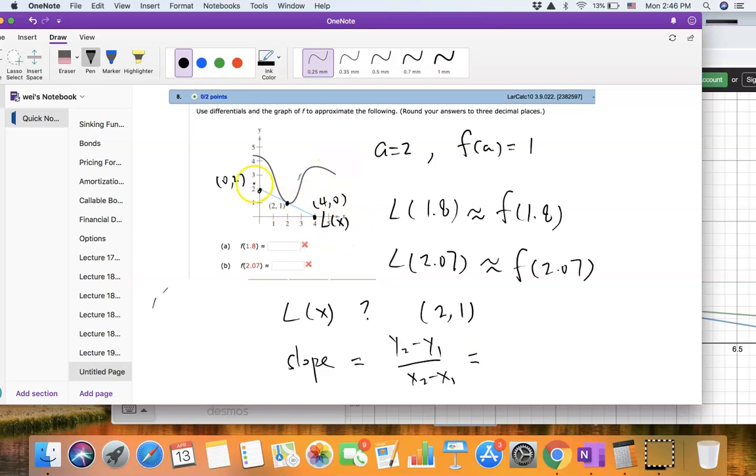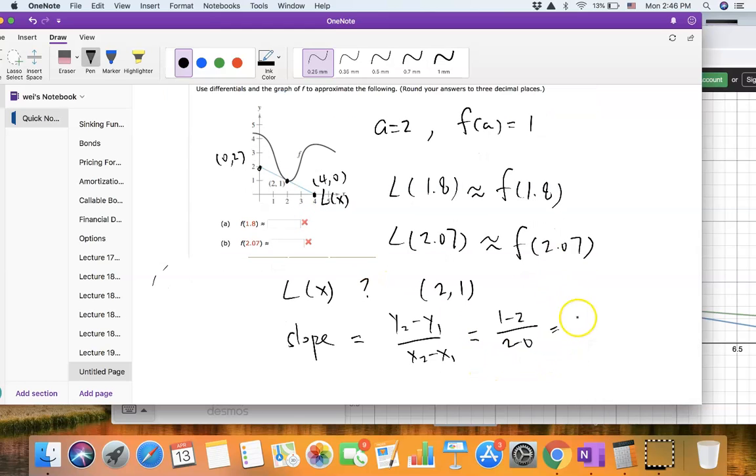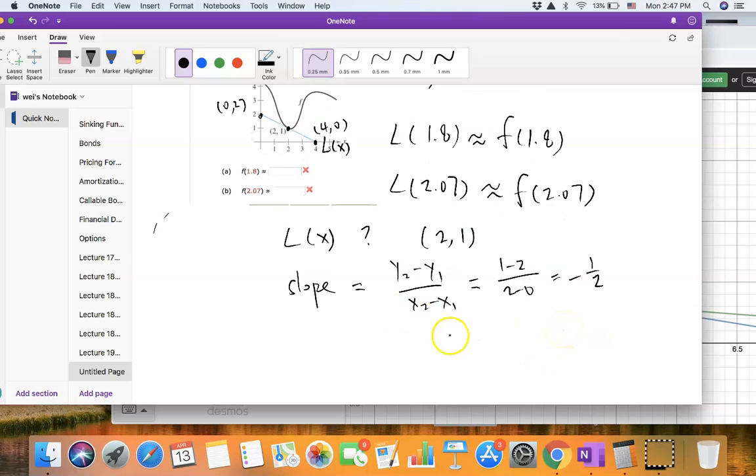Let's say I use these 2 points, (2, 1) and (0, 2), so the slope is 1 minus 2 over 2 minus 0, which is negative 1/2. Okay. So then we can determine the equation of L(x), which is y minus 1 equals negative 1/2 times x minus 2.